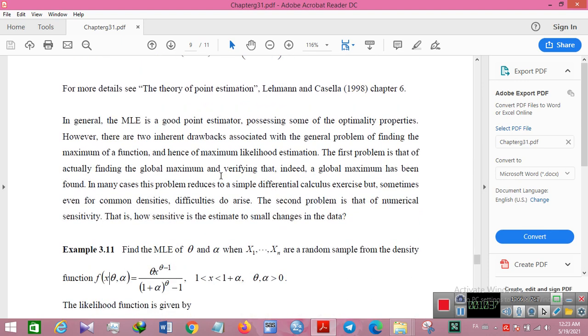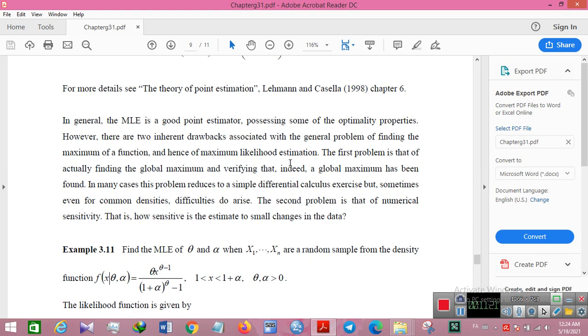So, another point which we should consider in the MLE estimator is that it is actually a good point estimator because it has some optimal properties, but there are some drawbacks. When you look for the maximum of the likelihood function, it is a mathematical job.